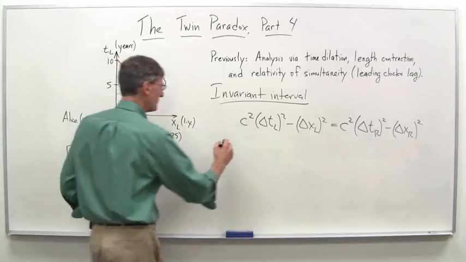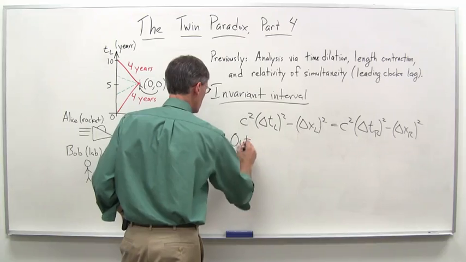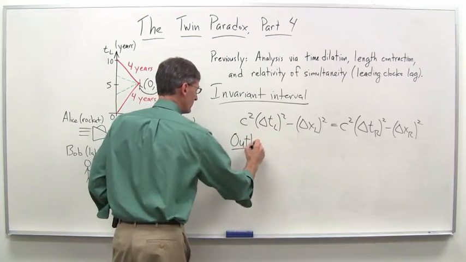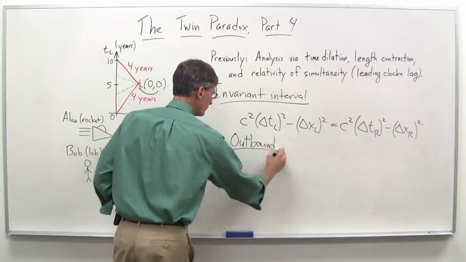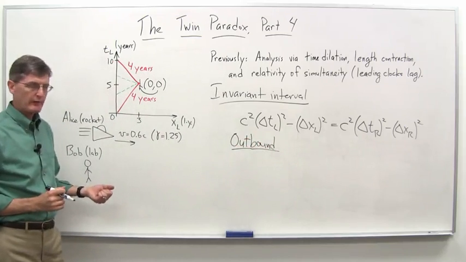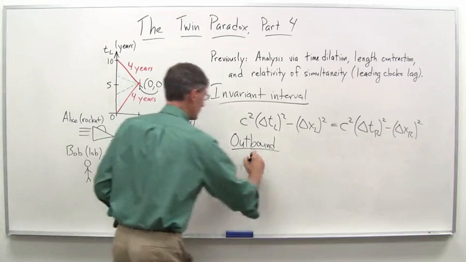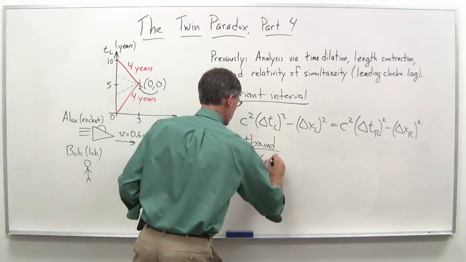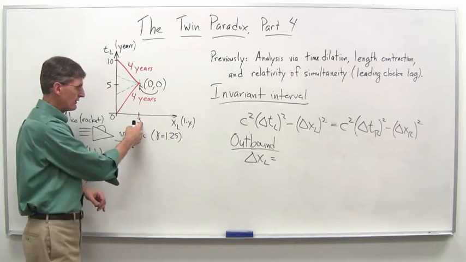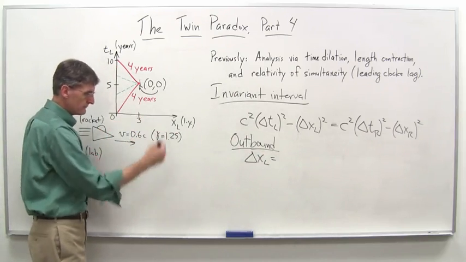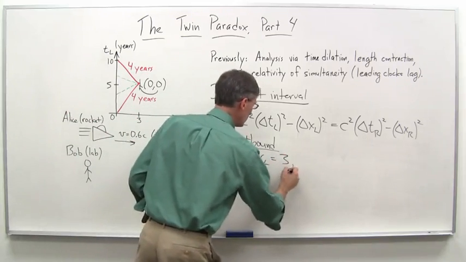And so for the outbound trip, we have delta X L is 3. Okay, so let's write that down. Delta X L, in other words, it goes to 3 minus 0, so the difference is 3 light years.